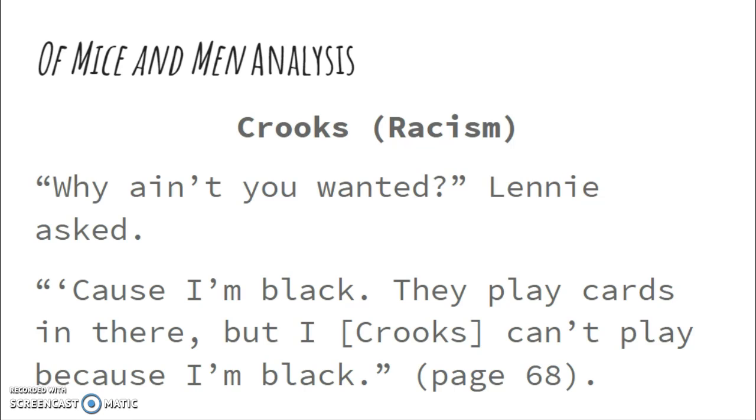And it's only after this in-depth conversation with Lenny, if you can call any conversation with Lenny an in-depth one, that we start to understand just how pervasive the racism Crooks faces is, and how it has left him basically without an identity. And because of this, Crooks is really left to himself, and that is a very lonely place for him to be.